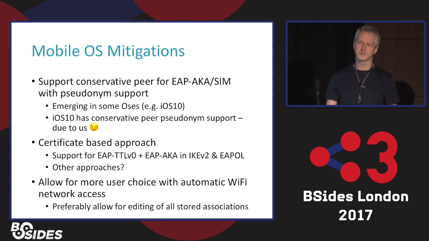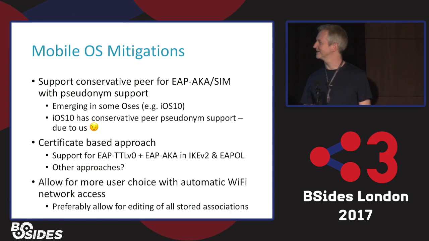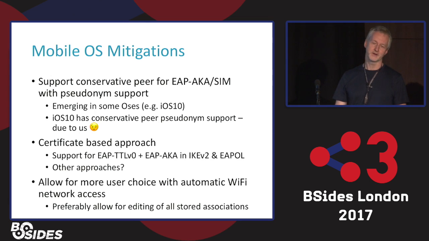And I think that's the first step that people are looking to, the GSMA and so on. And then the certificate-based approach, where you need to deploy TTLS, missing the S there, and in IKEv2. And maybe there are some other approaches that could potentially solve this.